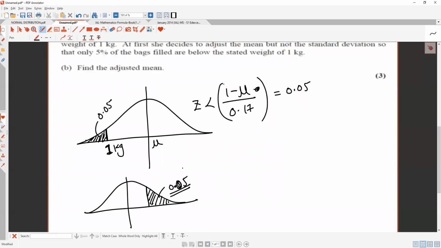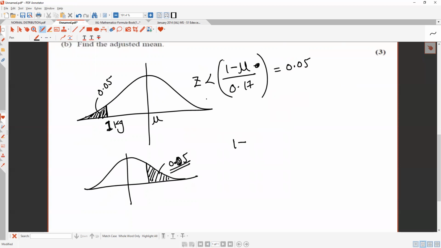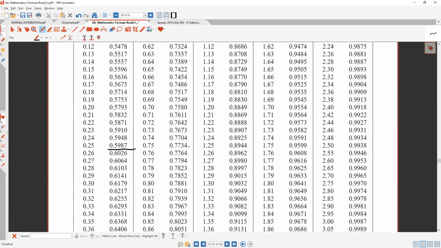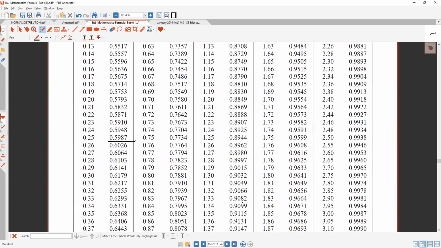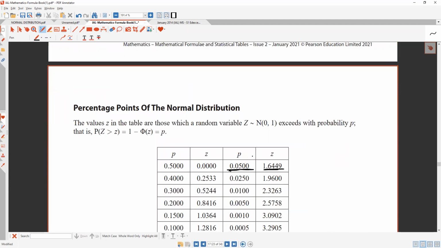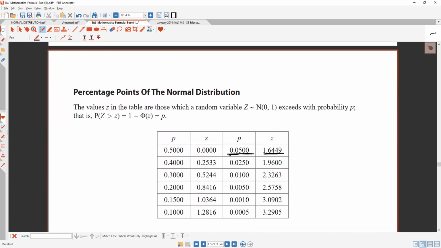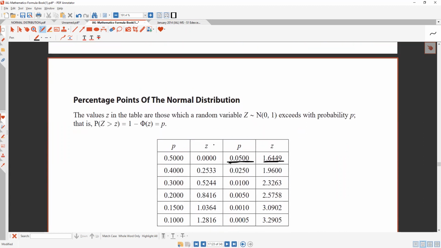So this is how you would write: 1 minus mu divided by 0.17 is equal to 1.6449. Is this understood, everyone? Because we are taking greater than, don't use the less than table all the time. When your probability is something like 0.005 or 0.0005, you always go for the greater than table.